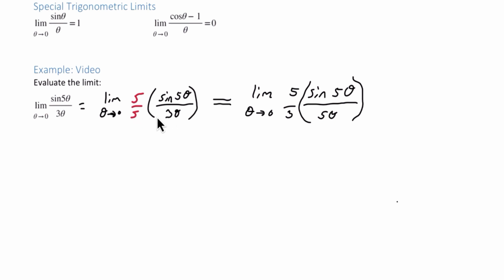We're switching the 3 and the 5, and we're allowed to do that because multiplication is commutative. Now we pull the 5/3 out of the limit: 5/3 times the limit as theta approaches 0 of sine of 5 theta over 5 theta.